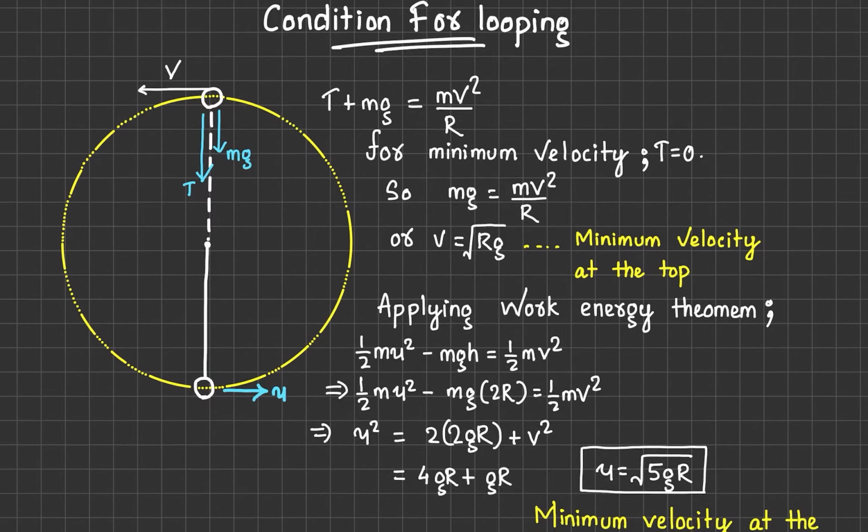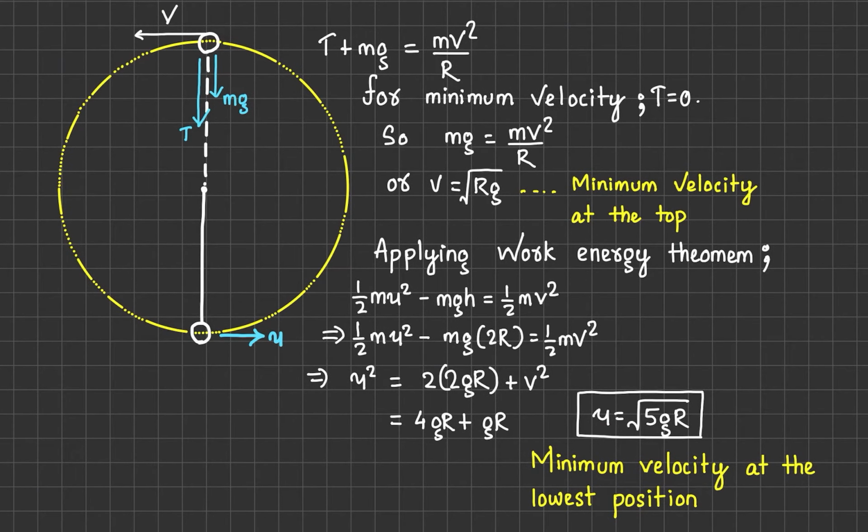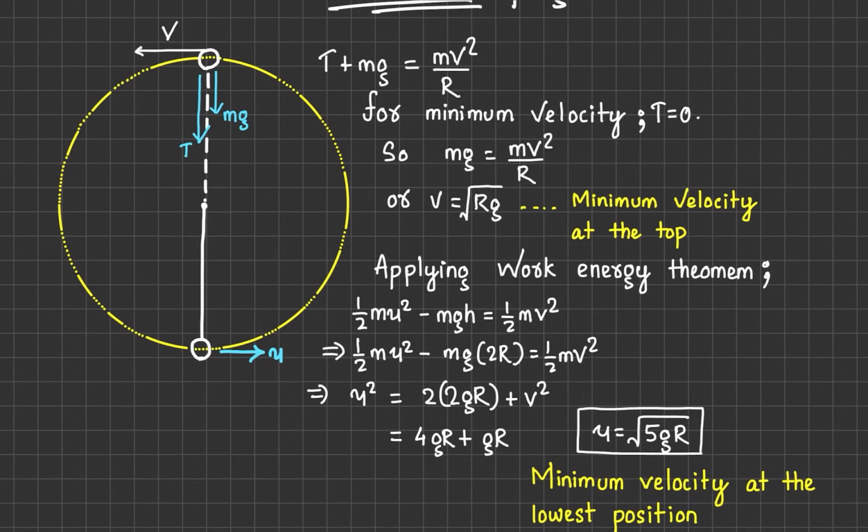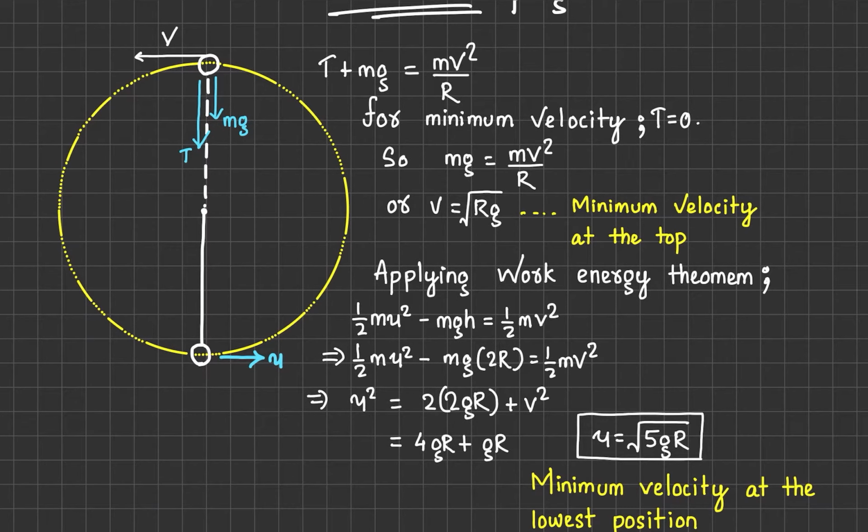That velocity is root over of 5gr, which is mentioned here, and we have derived this value up to this point. Now let's see what happens if the velocity given is not root over of 5gr.